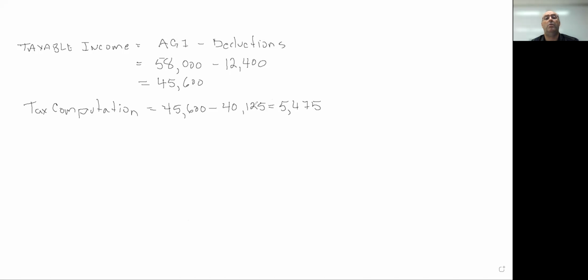So that's the amount over $40,125. Now we're going to multiply that by 22%, which we have changed to a decimal. That gives us $1,204.50. So that's her tax on the last little bit of her income.